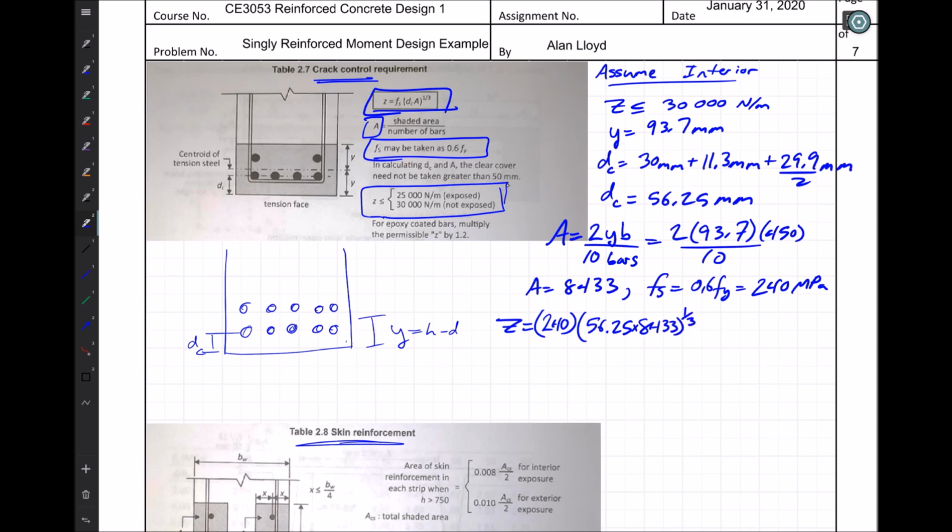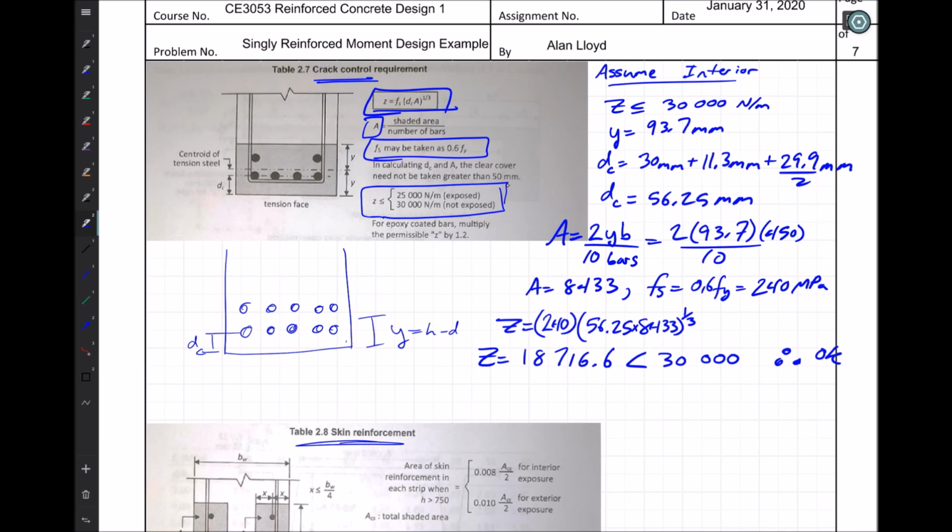So Z is equal to 18,716.6, which is less than 30,000 requirement. So therefore, we are okay.